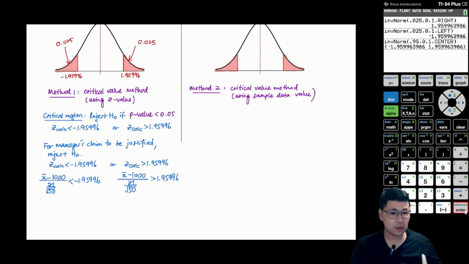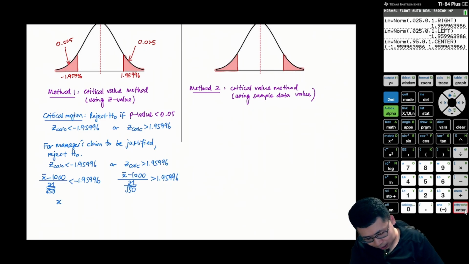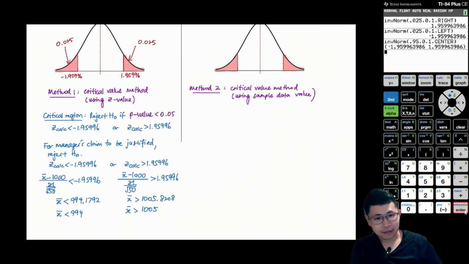After doing some math, you will realize that X bar will be less than 994.1792, to three significant figures 994. And same thing, X bar will be greater than 1005.8208, so X bar would be greater than 1005.